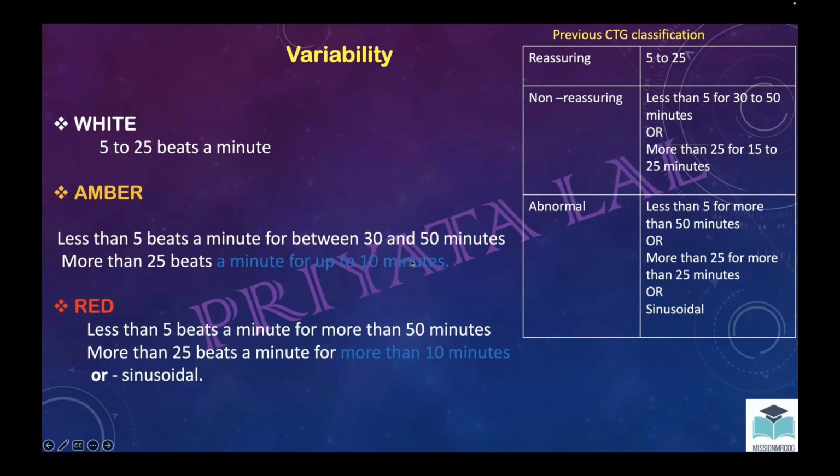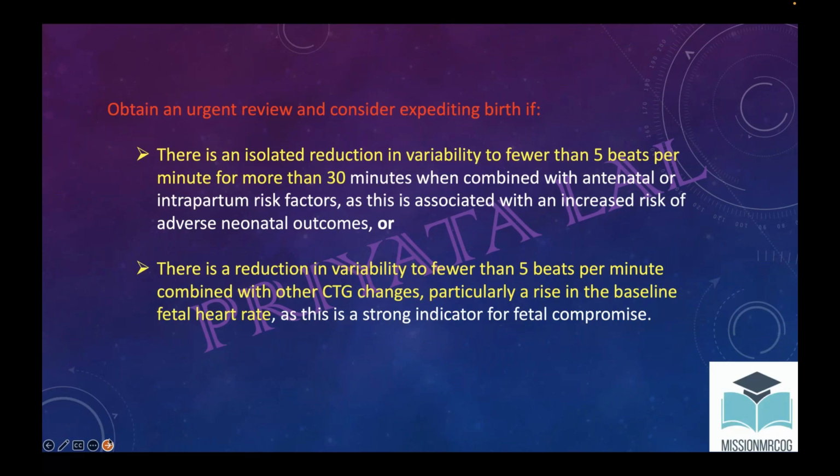Then antenatal or intrapartum fetal risk assessment is to be done, and there is increased possibility of adverse fetal outcome. If there is reduction in variability and any other CTG features are there, then it is a strong indicator of fetal compromise. Because fetal variability is a marker of an adequately working fetal autonomic nervous system.